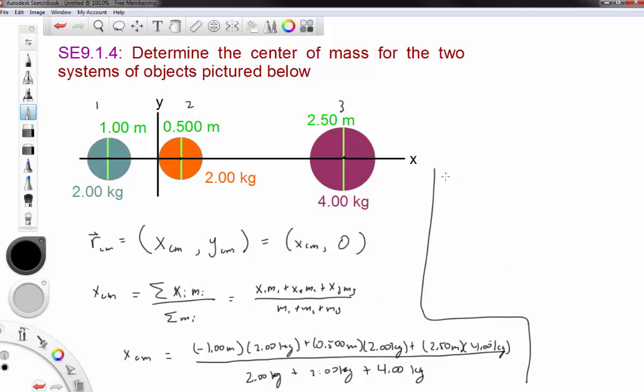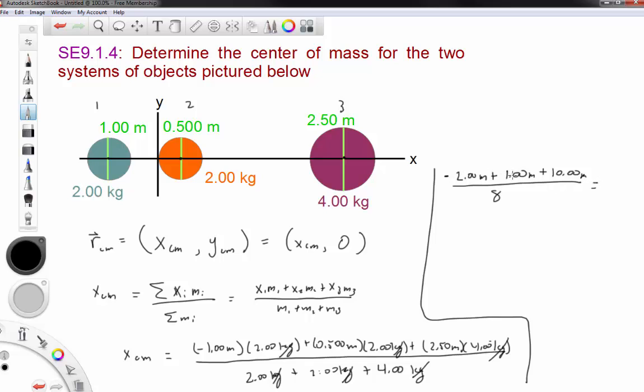So if you plug all those in, first of all, there's a kilogram in every single term here, so I'm just going to get rid of the kilogram so I don't have to keep writing it. Basically, this means that we have minus 2.00 meters plus 1.00 meters plus 10.00 meters divided by 2 plus 2 plus 4, which is 8.